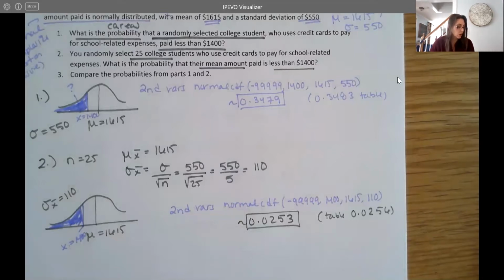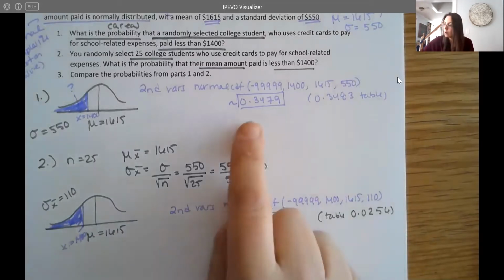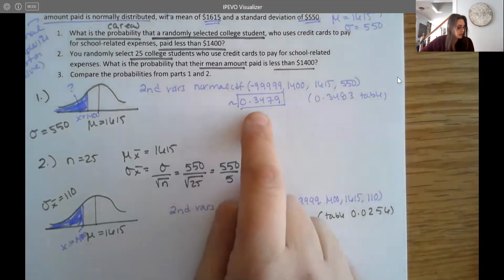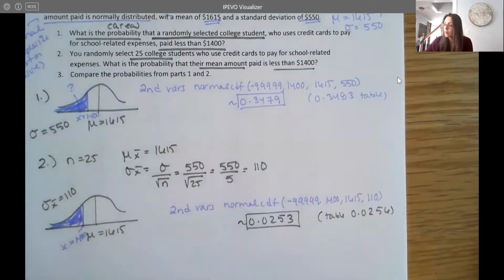So although there is about a 35% chance that a college student who uses a credit card to pay for school-related expenses will pay less than $1,400, there's only about a 3% chance, so this is about 2.5%. So the second answer, about a 3% chance that the mean amount of a sample of 25 college students would pay less than $1,400.